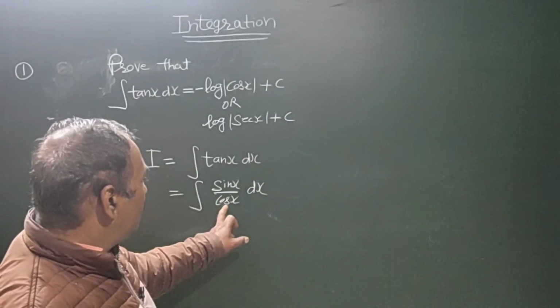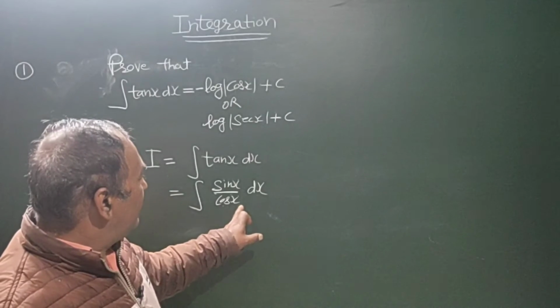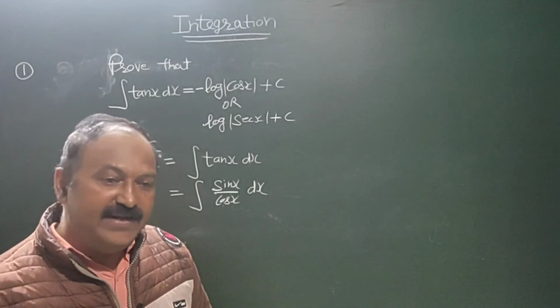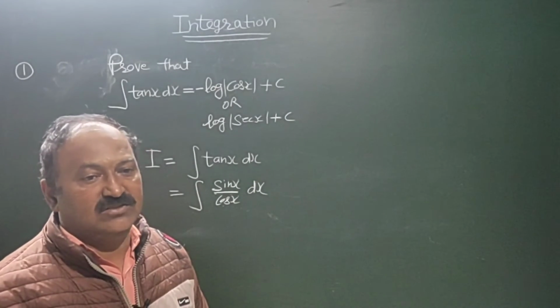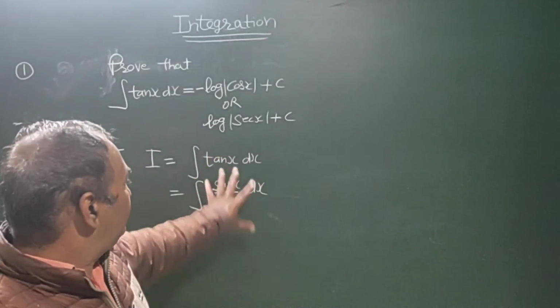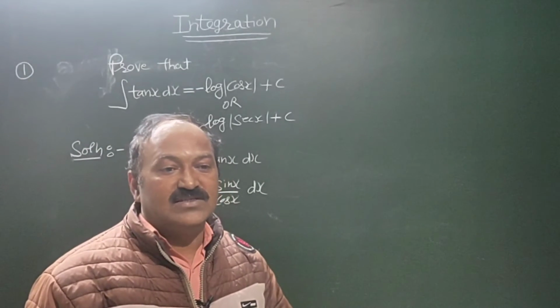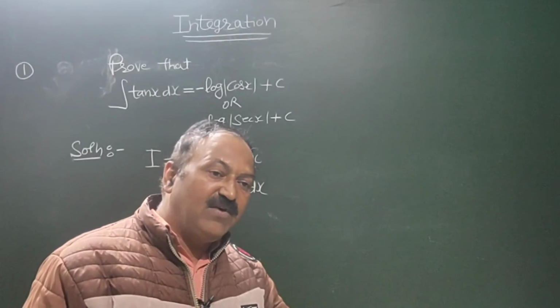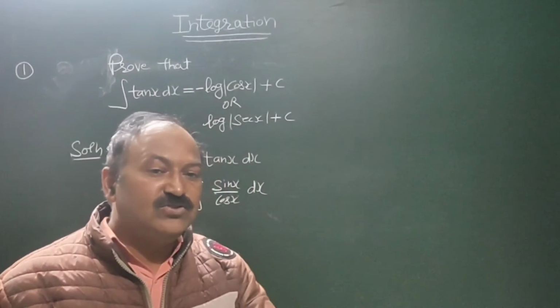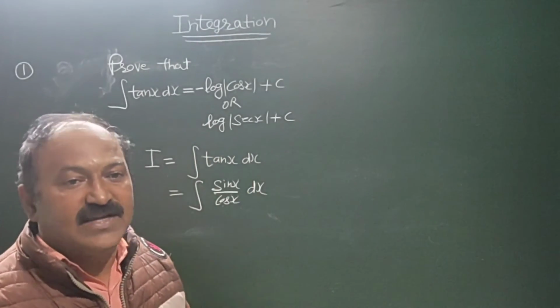If we substitute cos x as z, then sin x dx will be dz after differentiation. And after substitution, these questions can be converted into basic formulas. And by applying the basic formulas and resubstitution, we will get the formula of integration of the tan x.